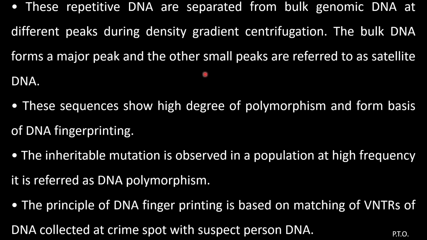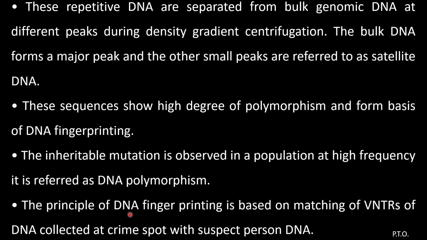It is unique to every person. These sequences show high degree of polymorphism and form the basis of DNA fingerprinting. Inheritable mutations observed in a population at high frequency are referred to as DNA polymorphism.